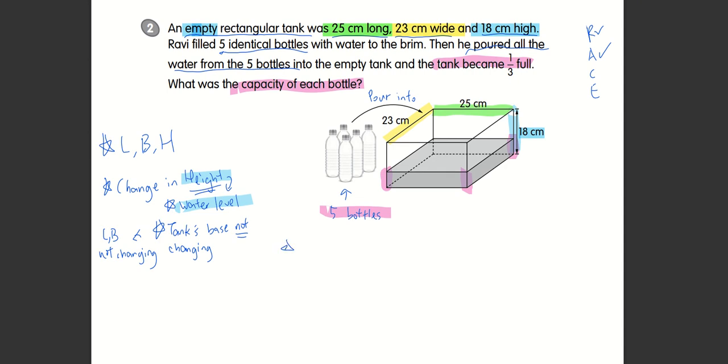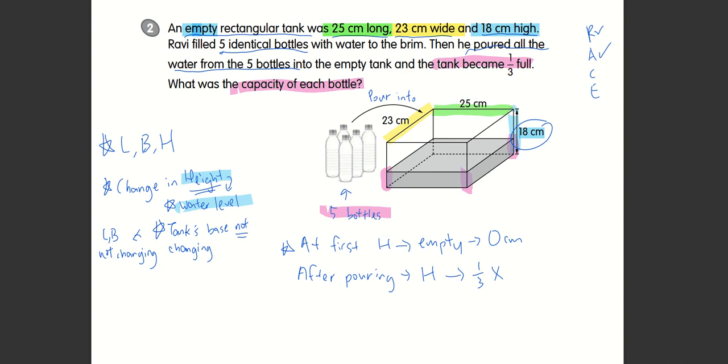The key question is, at first, the height was empty. Empty means it's 0, right? Because nothing's inside. Then after pouring, it's now 1/3 full. So the height becomes 1/3 of the tank's height, right? That's the pink color.